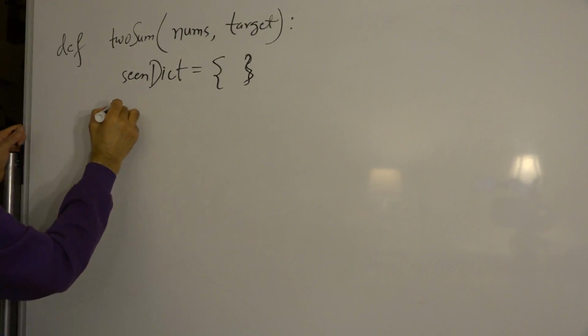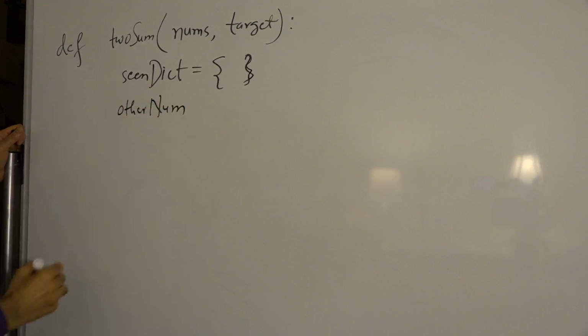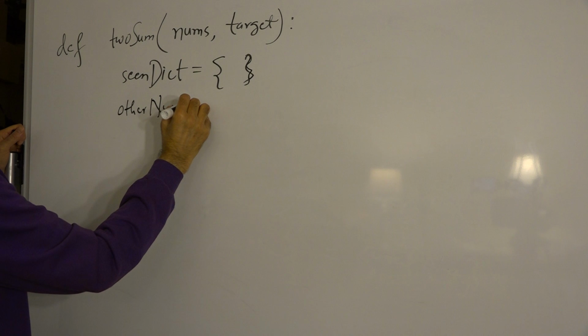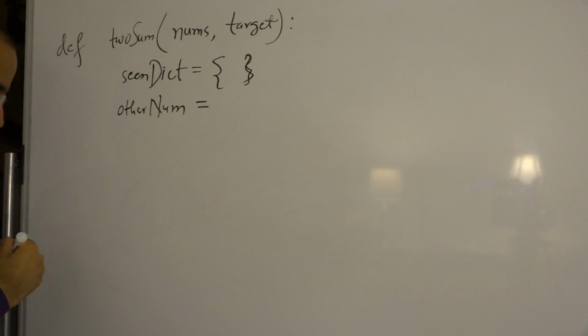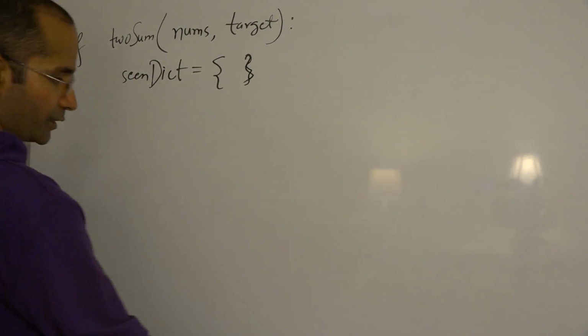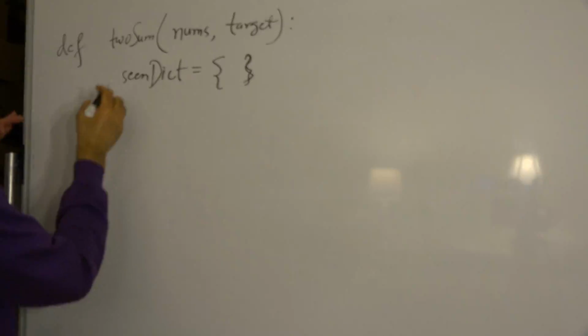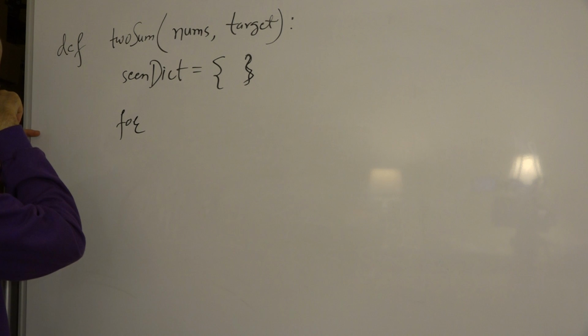And now my other number, how do I compute that? Oh, actually I need to iterate through those numbers because I need to do this every time, right? So for that, Python also has something called a for structure.